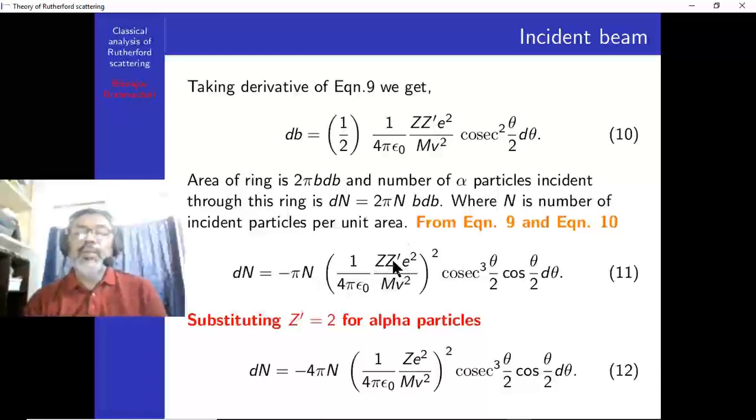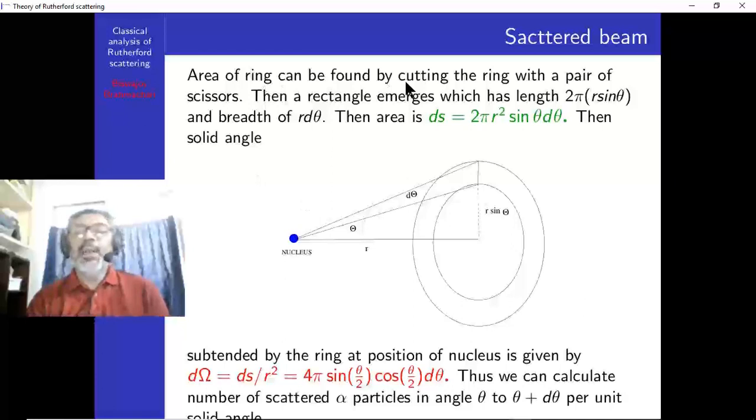Now let us put the value of z prime equal to 2, then we get a 4 here. So minus 4 pi n, this factor square, cosec cube theta by 2 cos theta by 2 d theta. This is dn, that is the number of alpha particles which has scattered between the angle theta and theta plus d theta.